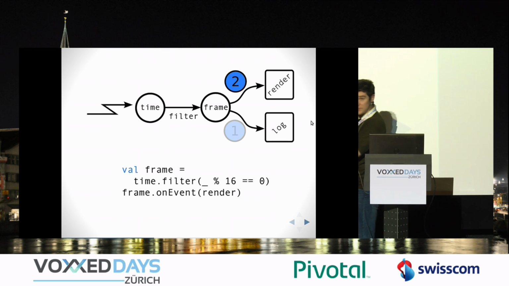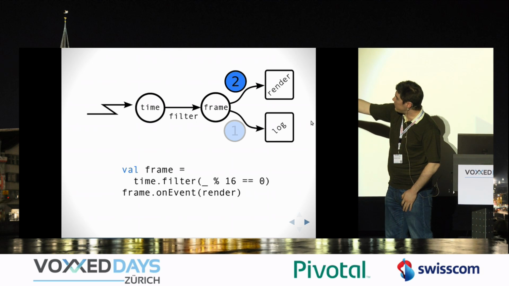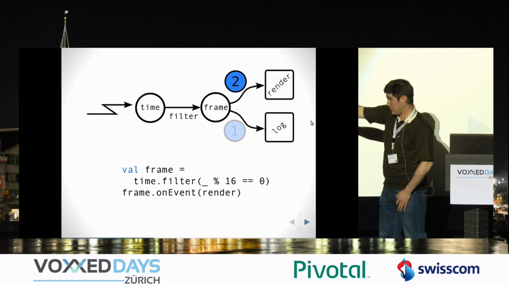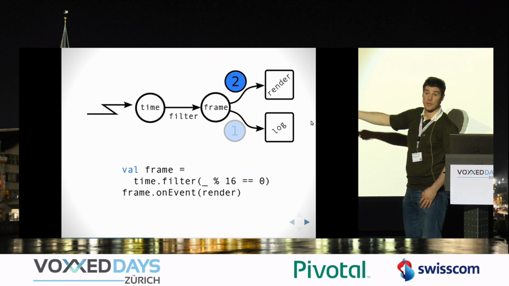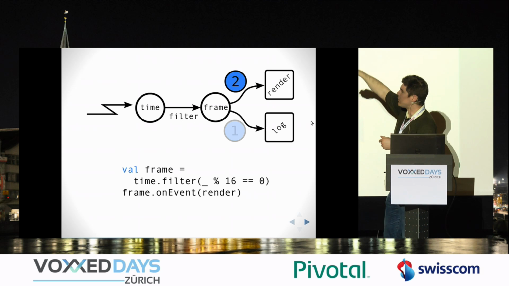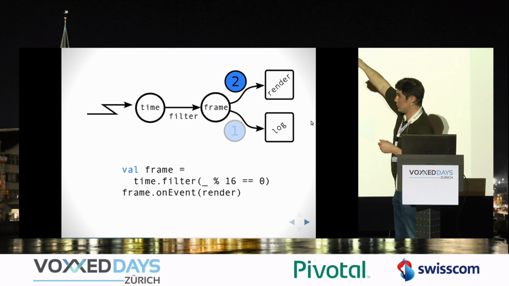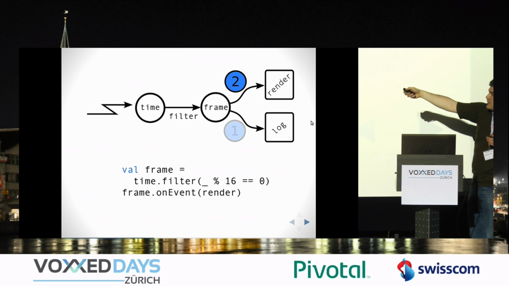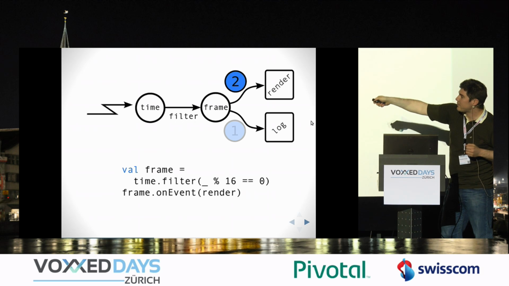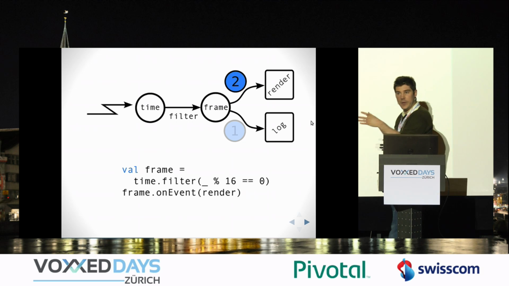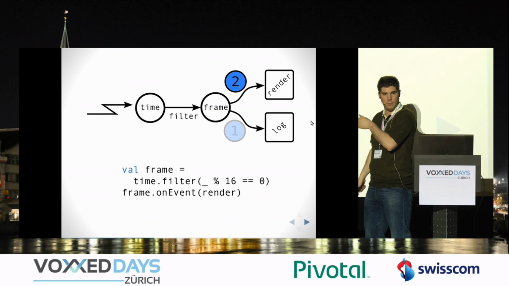The way you would express this in code is you would say frame is a filter of time, and when there's an event on the frame, then call the render function. But when you look at this code, you would expect that if you're stepping through the code with your debugger, then in the next step the next line would execute. But that would be synchronous programming.